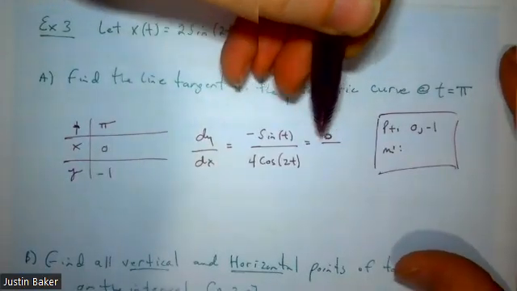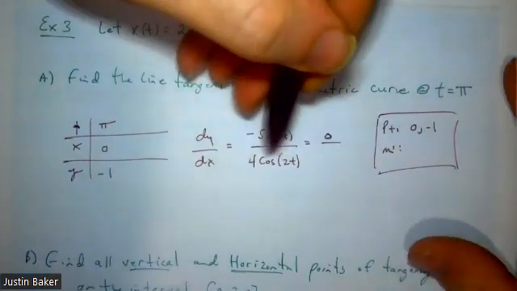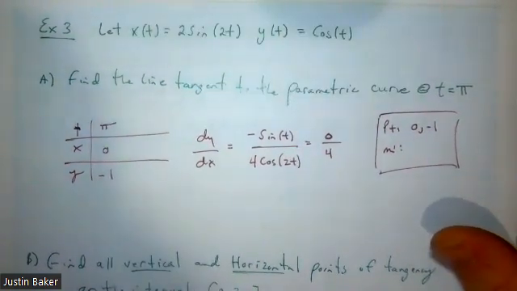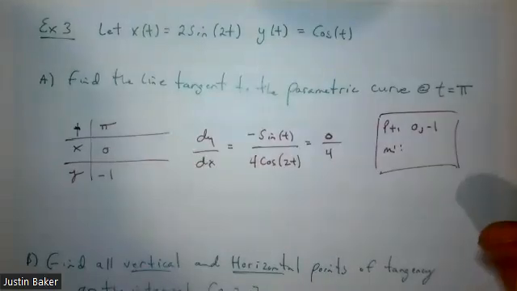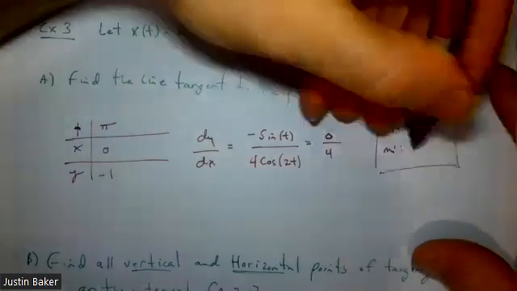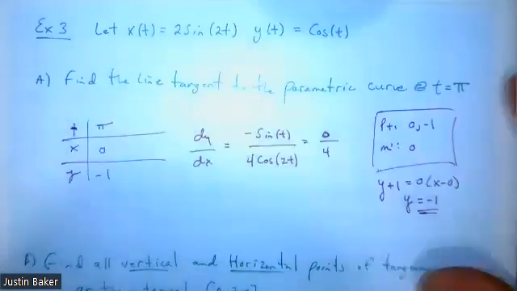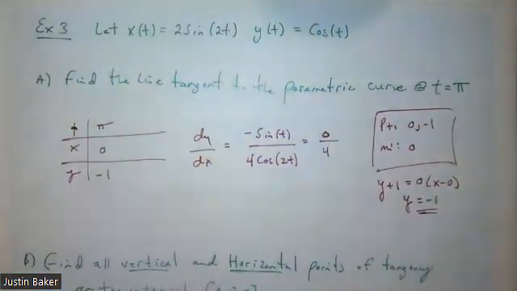And that means this is going to be 0, assuming we get something down here. Cosine of 0 is 1, so times 4 is 4. But either way, that's going to give us 0. So y plus 1 is equal to 0, x minus 0. I would go ahead and solve that and say y equals -1.